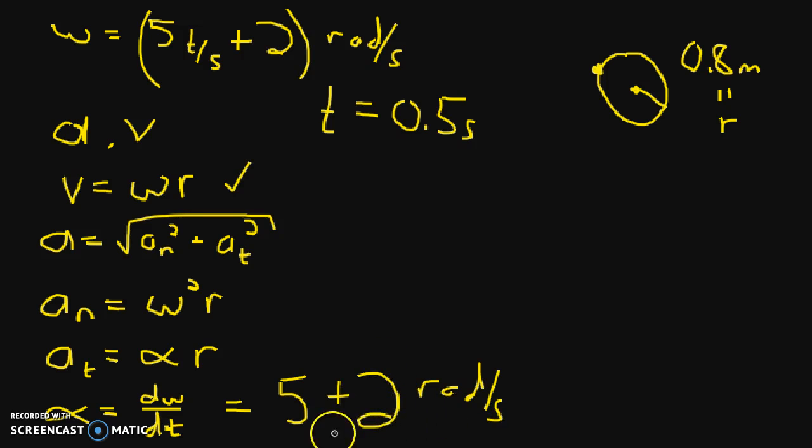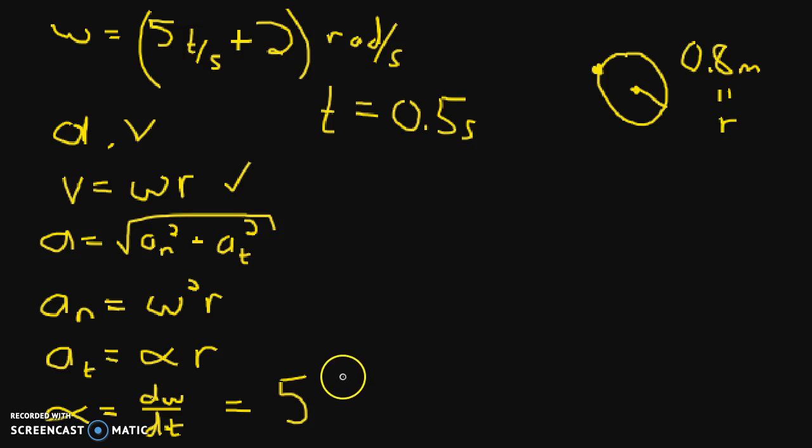Oops, I made a mistake, and if I went to the units, that would show me that there was a mistake. I would end up with units of per second here, but then I'd be adding 5 per second to 2, and that doesn't work. That is because I mistook my derivative here. When you take the derivative of a constant like 2, obviously that goes to 0, so this should not be here. So let's redo that.